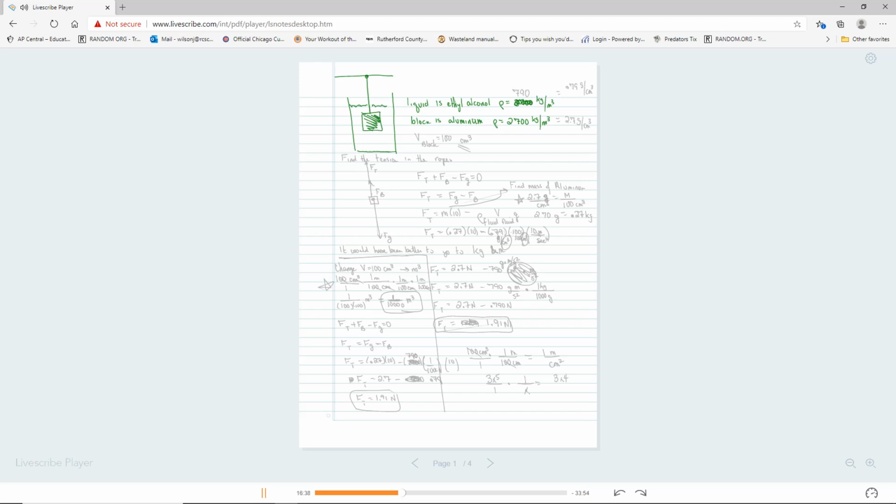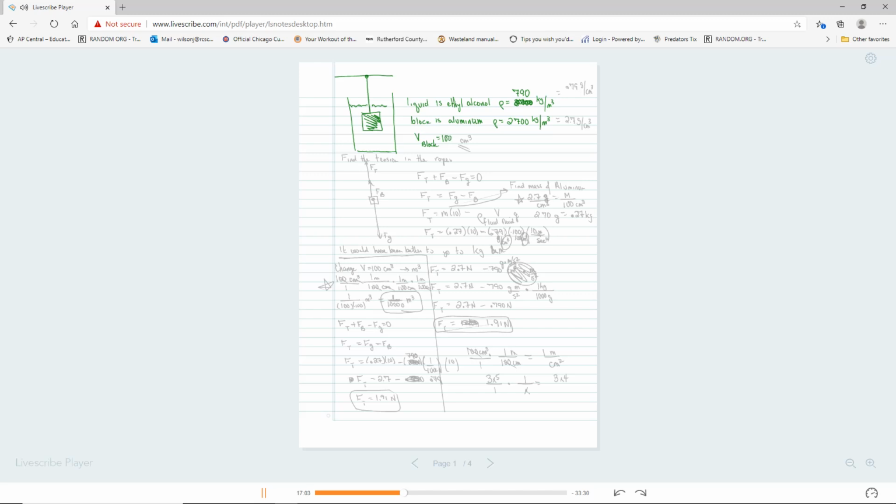Yeah, it'll be less than 2,700. I promise there's a chart in here somewhere that's got those. There it is. Densities of fluids. Ethyl alcohol is 790. 790 kilograms.